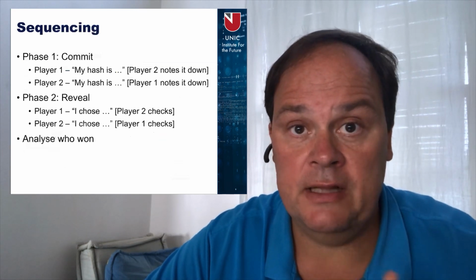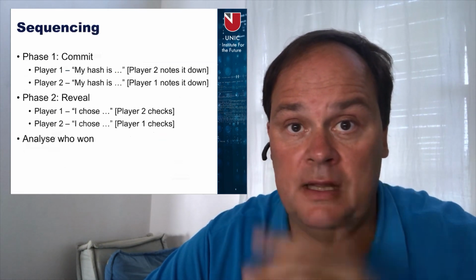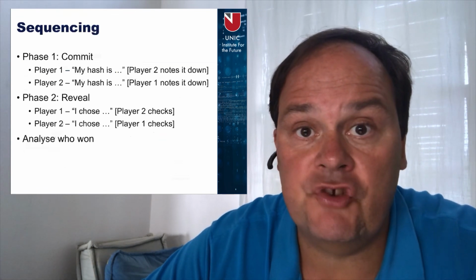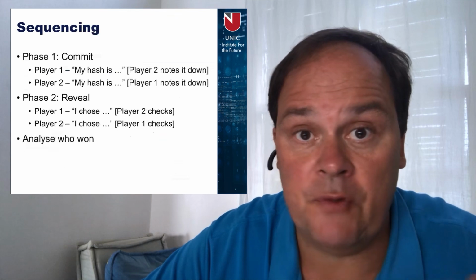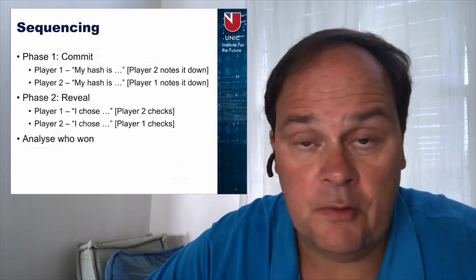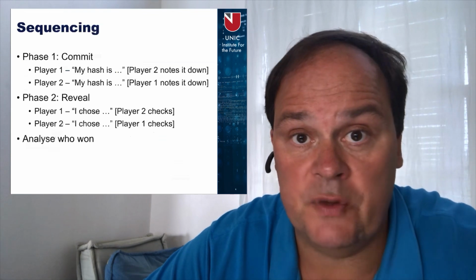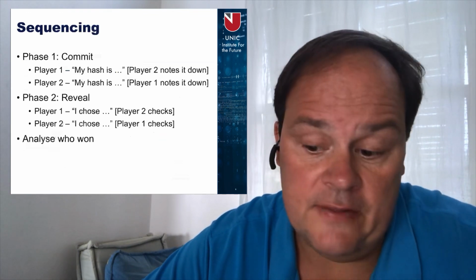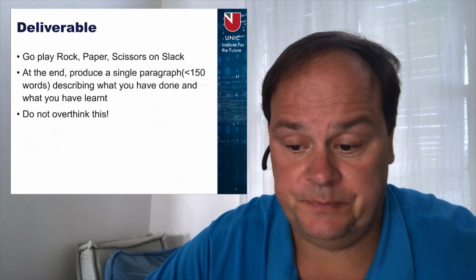Now with a reveal, you can then check that people haven't cheated. So it doesn't matter in which order the reveal happens, because otherwise, if you hadn't committed, the order of the reveal would matter, because the second person would always win because they could change their choice. And then you just analyze who wins.